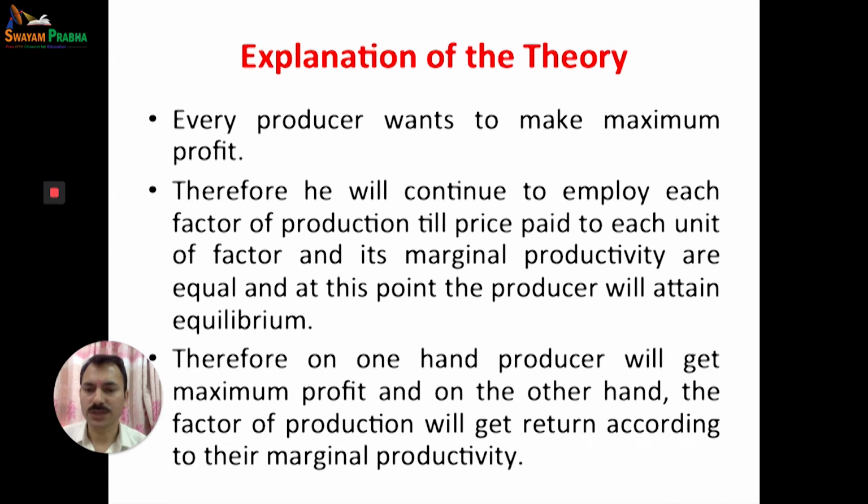Therefore, on one hand the producer will get maximum profit, and on the other hand, the factor of production will get return according to its marginal productivity. Simply, the price paid by the producer to the factor will be equal to its marginal productivity, and that point will be the equilibrium of the producer, and that is the point when the factor of production will get a return according to its marginal productivity.